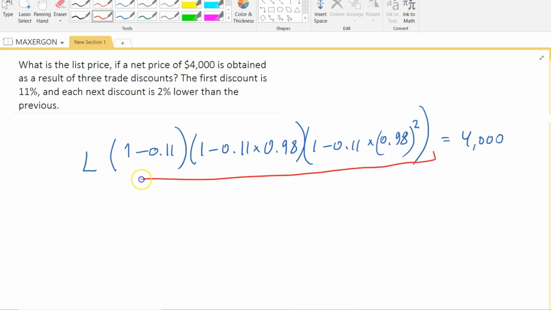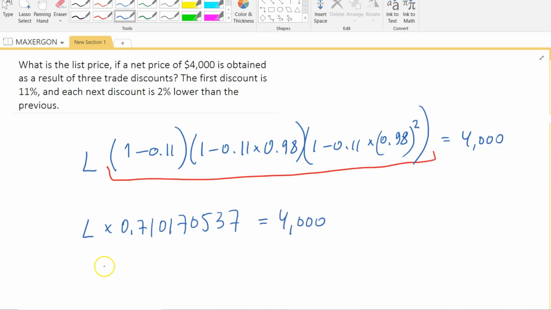Let's compute this term first. If we compute this term, we'll obtain L times 0.710170537. Of course, I keep it in the memory of my calculator, so I don't have to write it every time. I just write it here for clarity.